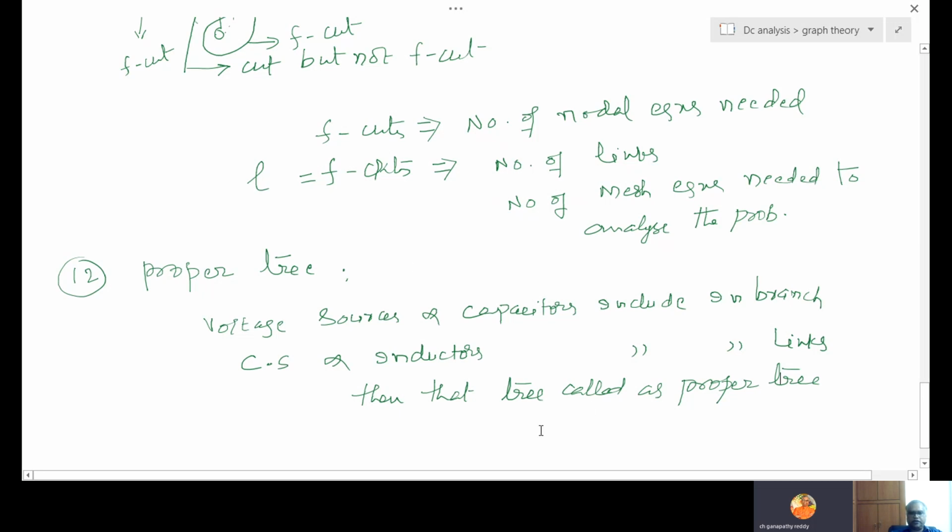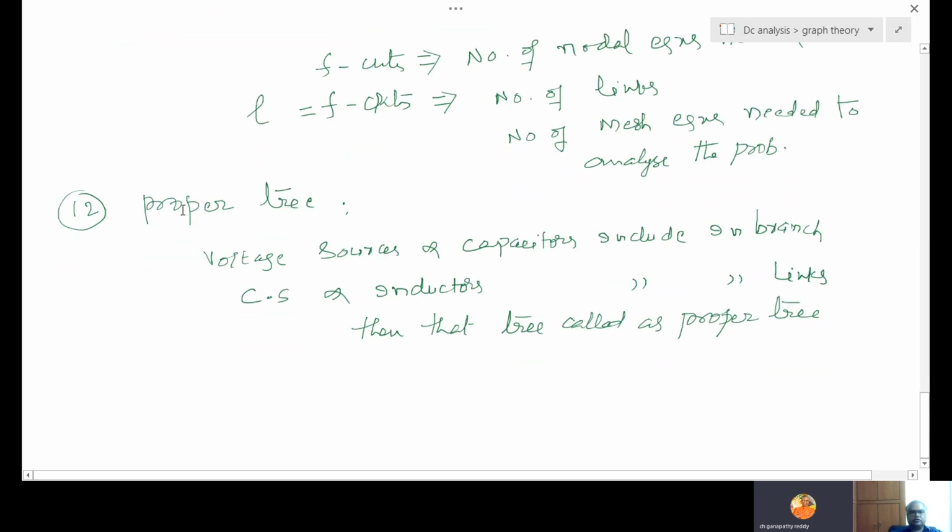So when you form a tree based on this rule, that is called a proper tree. A proper tree is useful to obtain the state equations. That is a part of control systems. So this you study in control systems later.